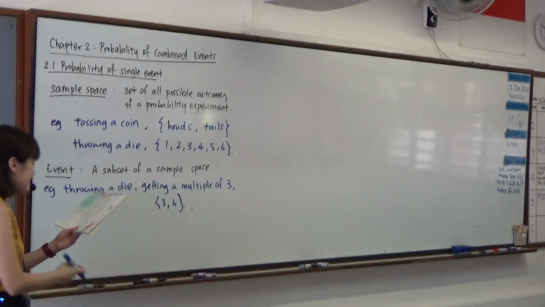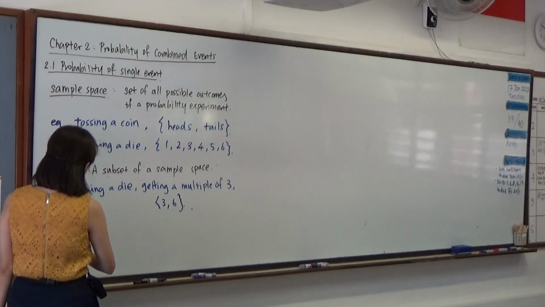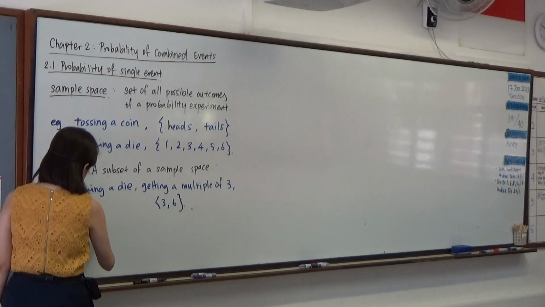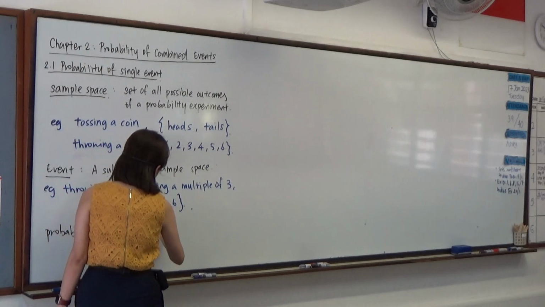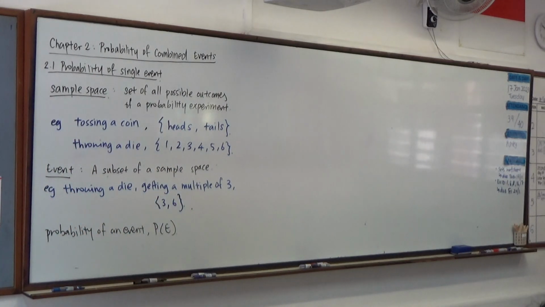Which explains why, when it comes to finding the probability of an event, we could denote it as a capital P for probability, E for event.